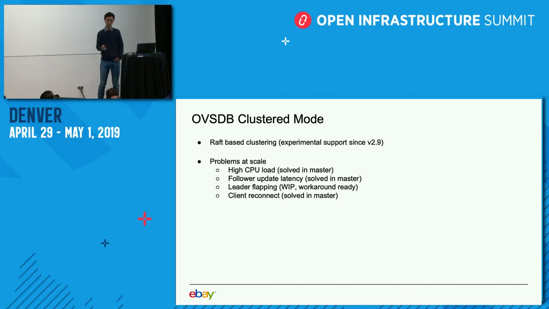It works very well at small scale, but when we tested in a big scale environment, we found basically 4 major issues. The first one is high CPU load, and then if you update from a node, it takes a very long latency. Then there are leader flapping problems during the scale testing.